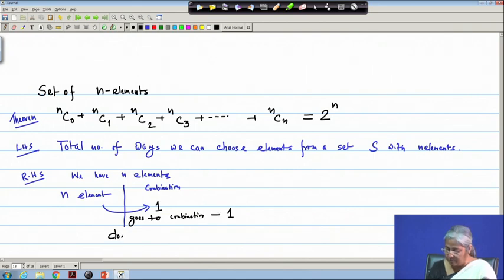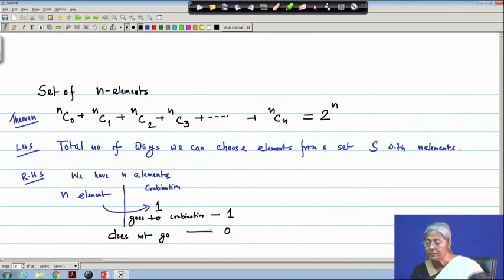If it does not go, I put 0. So, if it is n, these are all the possible ways I can write it as 0 0 like this.